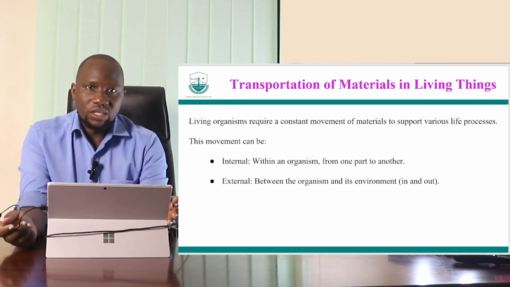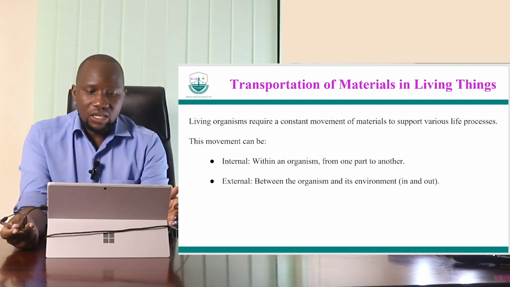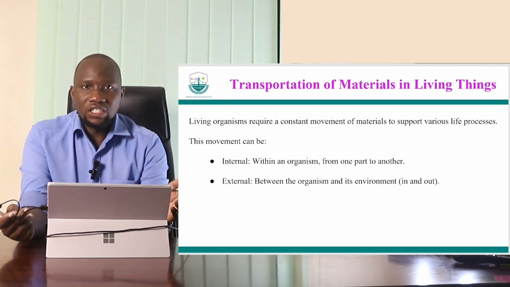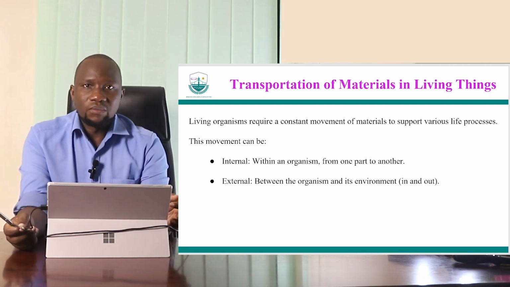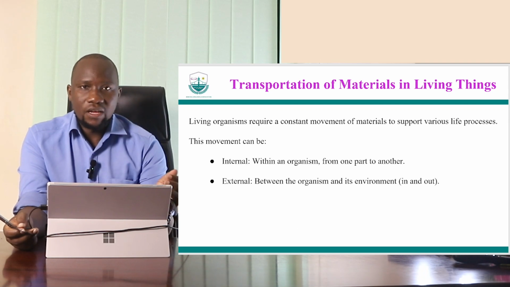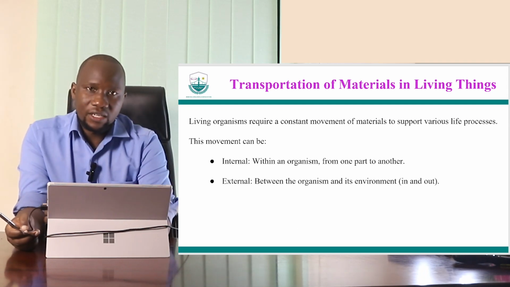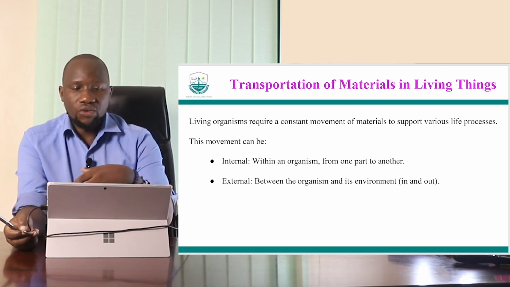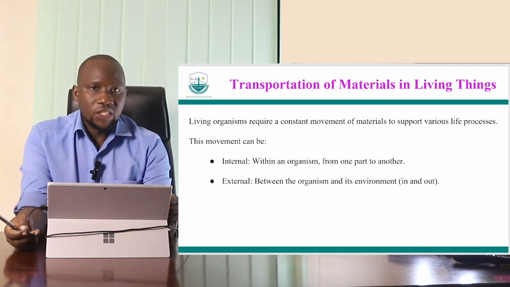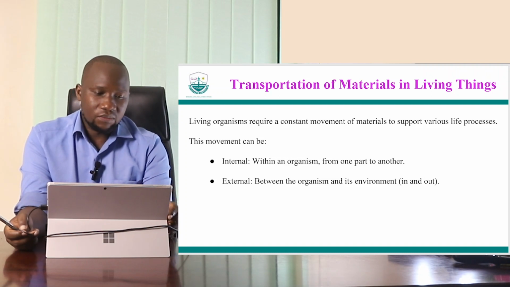So that is what we call internal. And then external is when you have an interchange of material between the environment and the organism itself. Okay, either when the organism is taking in, like I said earlier on, or when the organism is excreting products out. So all these require transport mechanisms.